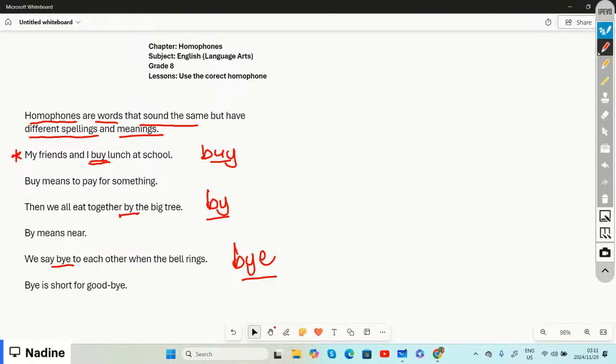And if we look at all three of these words, buy, by, and bye, all three of the words sound the same, but the spelling of the words as well as the meanings of the words are different.